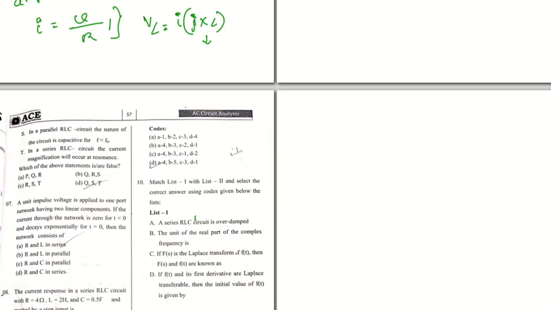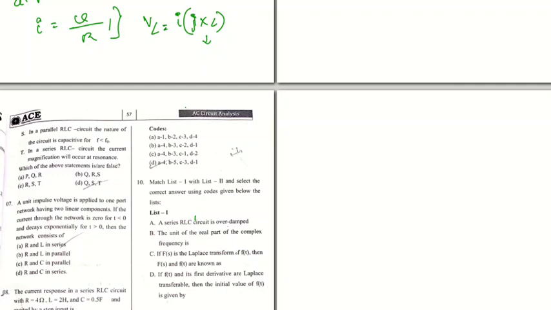Next statement: in a parallel RLC circuit, the nature of the circuit is capacitive for F less than F0. In the second question, we discussed a series RLC circuit where before resonance the circuit acts as capacitive in nature. Whatever is said for the series RLC circuit will be the opposite in a parallel RLC circuit.